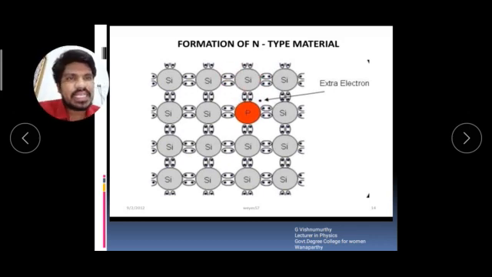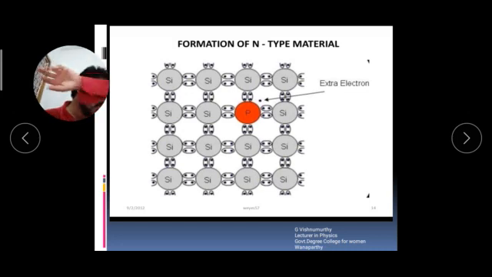The 4 valency electrons of silicon bond with 4 of the 5 electrons of phosphorus, forming covalent bonds. But in phosphorus there is one external free electron available. So every phosphorus atom gives one free electron. That's why in N type material we get a lot of free electrons.